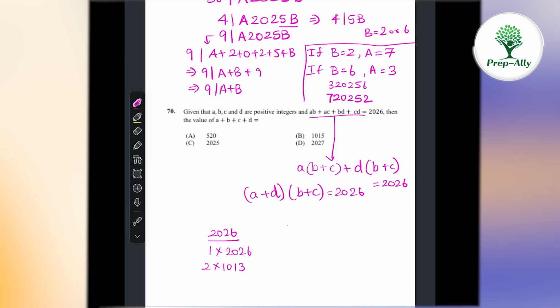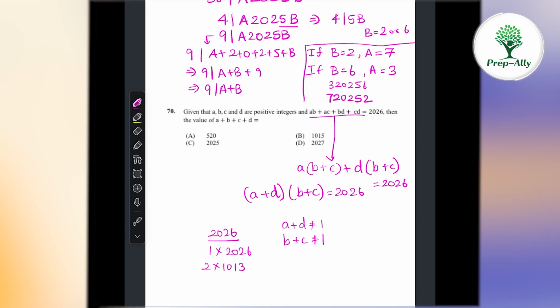So a plus d or b plus c cannot be equal to 1, because they're both positive integers and neither of them can be 0 or negative. So a sum of two positive integers is always greater than 1, right?